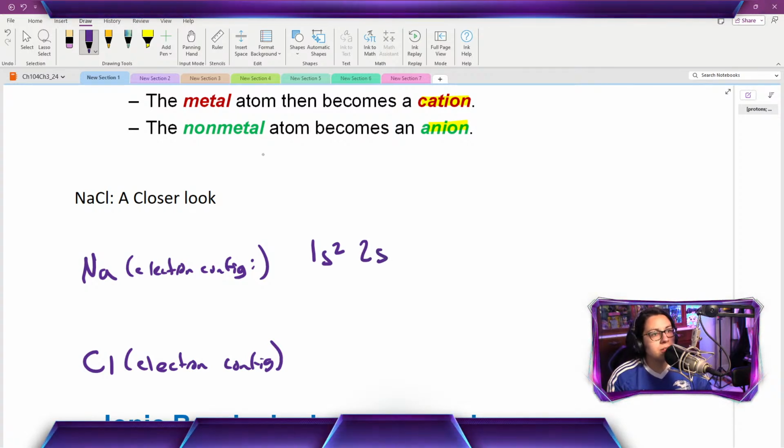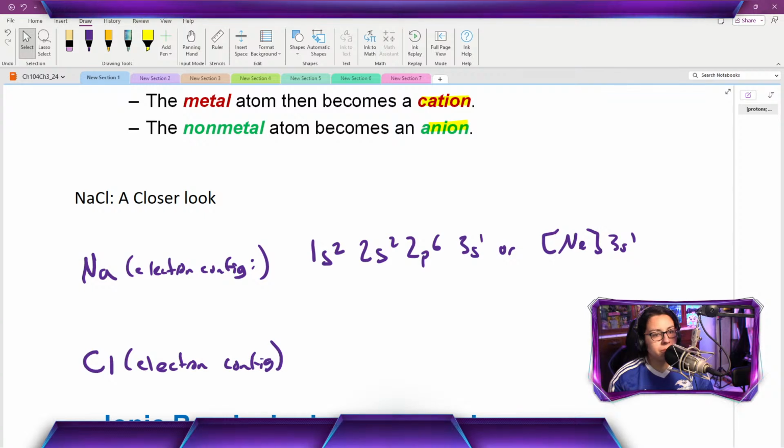Now we're starting 2s2, 2p6, and then sodium's on that next row, so 3s1. Or again, we could have written it as neon 3s1. Is that what everybody got?